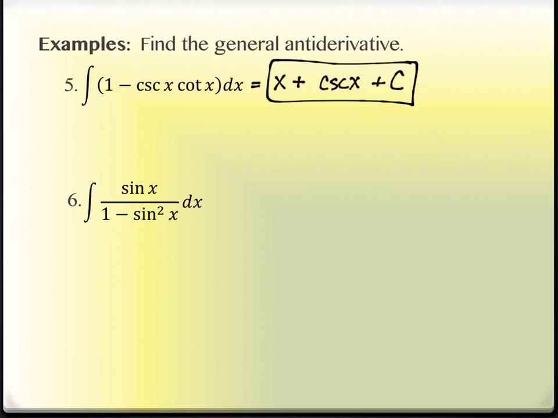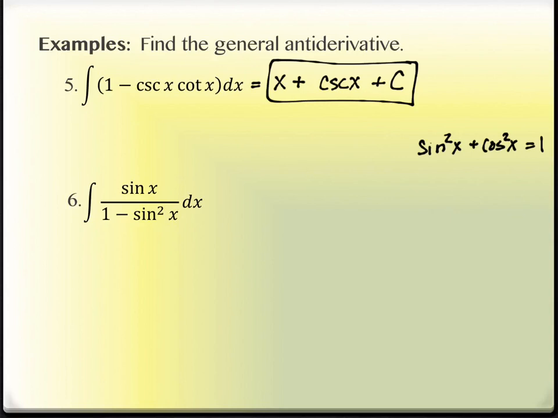Pythagorean identities are the ones that show some squareds in them. You've got sine squared, you've got cosine squared, there's some secants and some cosecants squared, things like that, okay? So tangents and cotangents as well. So the denominator here is a version of one of the Pythagorean identities. The version that it is that sine squared of x plus cosine squared of x is equal to 1.